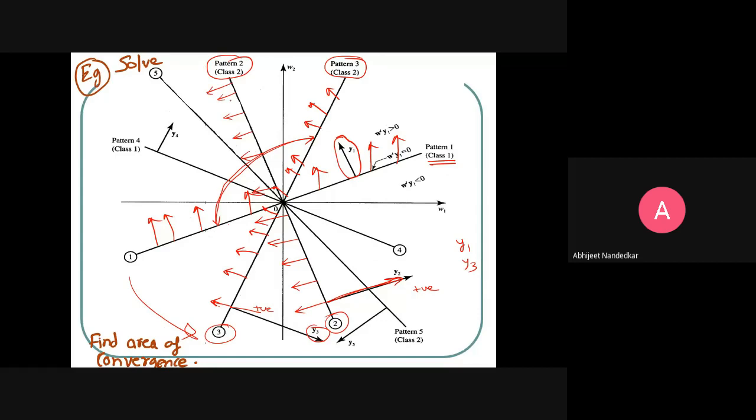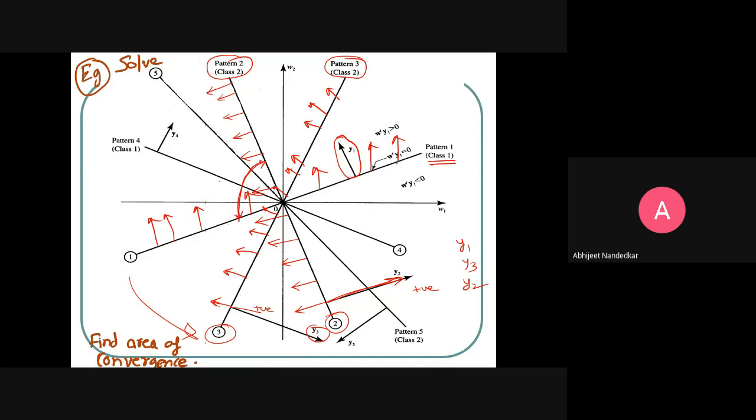Now I want to satisfy y1, y2, y3. Earlier I was satisfying y1 and y3 in this complete zone. Now to satisfy y1, y2, y3, the zone is further squeezed to this much.